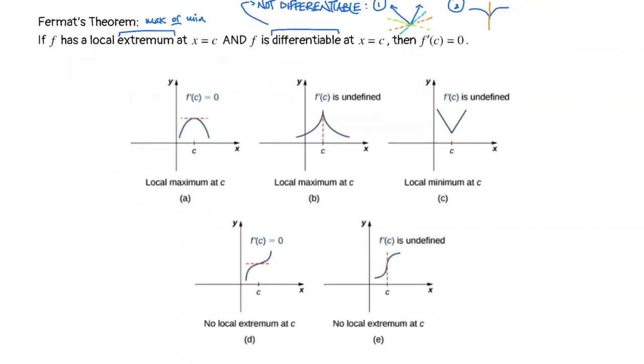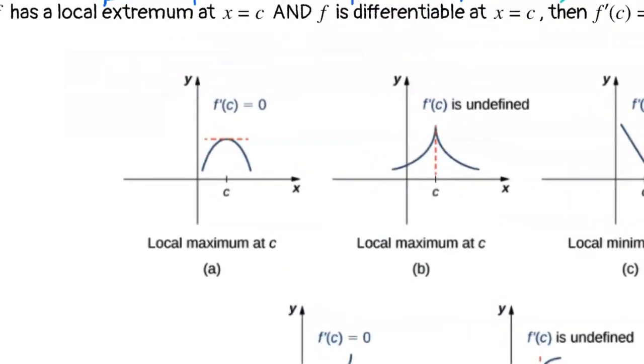Well, this looks like a local extremum, right? It is the high point on a graph. And it is a smooth function, right? The slope changes, but it's not abrupt. It's very smooth and gradual. Because this is a local maximum and it is differentiable everywhere, my conclusion is that the derivative at C is equal to 0.